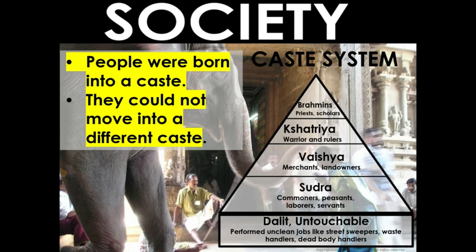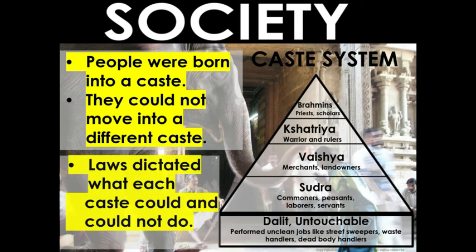The Dalit, untouchable, they performed the unclean jobs like street sweepers, waste handlers, dead body handlers. These were what they would call unclean jobs, as we said. So they would be untouchable people. They would be undesirable. Laws dictated what each caste could and could not do.